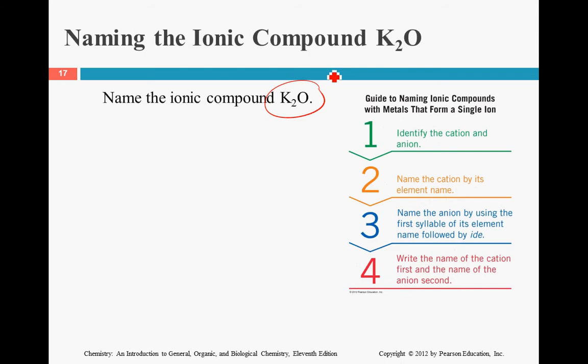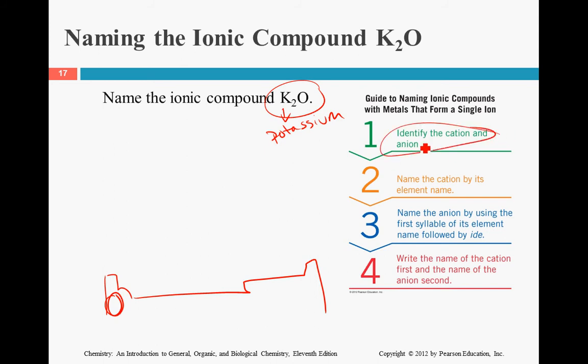So for instance, K2O. Look on your periodic table. K is right here. K is potassium. So, very first step, identify the cation and the anion. K is potassium. O is oxygen. Name the cation by its element name.